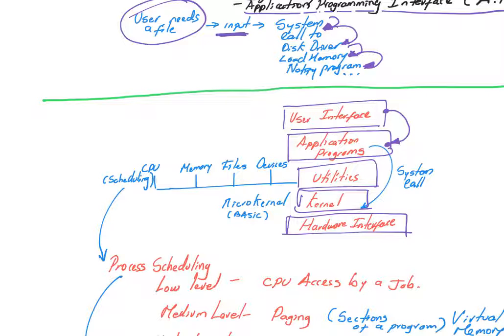And these application programs may make system calls to the kernel or access utilities in the computer, like disk fragmentation utilities, or the firewall, and all those things that you use in a computer, but are not part of the kernel.